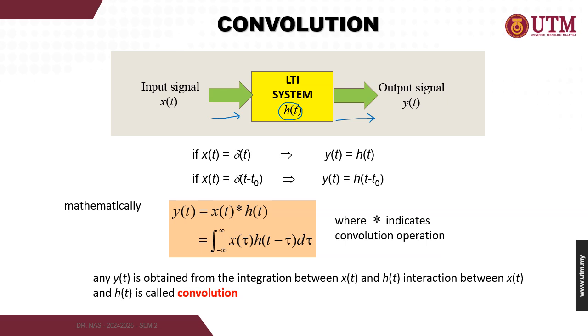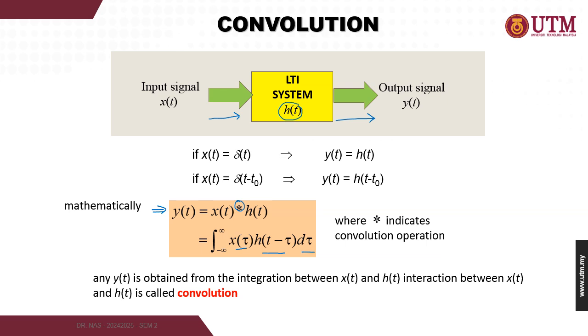In this case, your output signal is mathematically expressed as y(t) equal to x(t) convolved with h(t), which can be represented as the integration of x(tau) h(t minus tau) d tau.